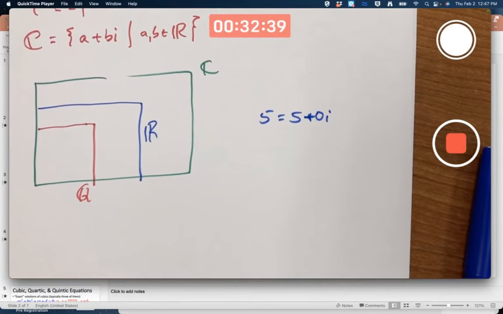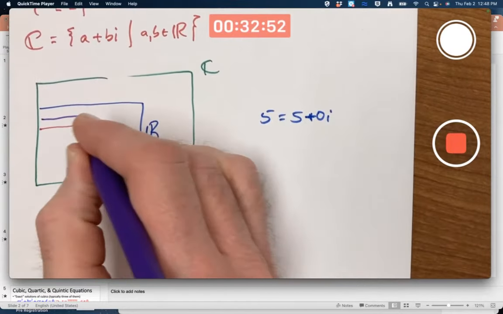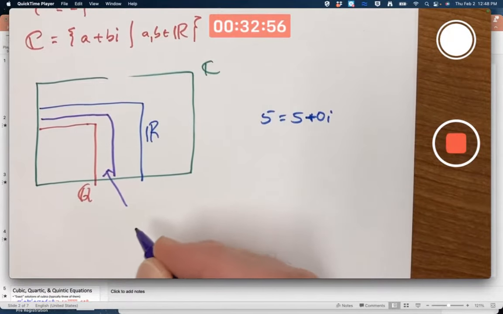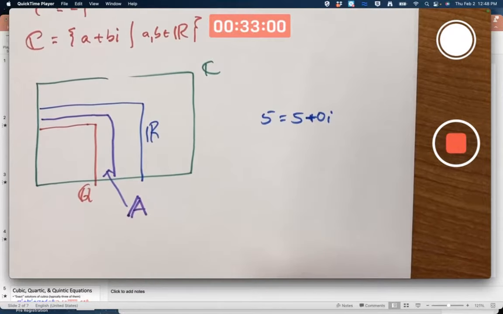Where do the algebraic numbers sit inside here? Well, every rational is algebraic, but there are irrational numbers that are transcendental. So the algebraic numbers are somewhere in between here. Do the algebraic numbers have a symbol? Not that I've seen consistently, but maybe we can use a fancy looking A for algebraic.